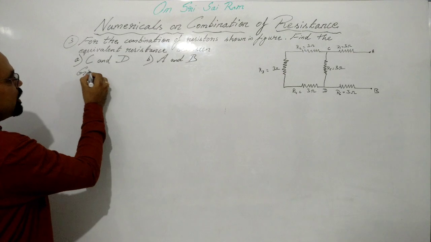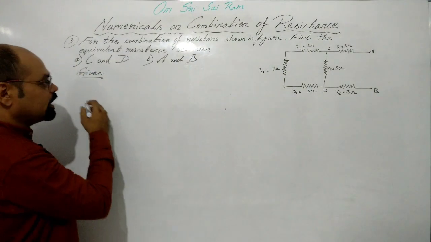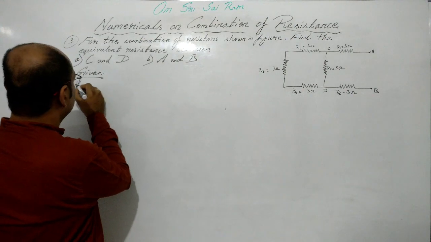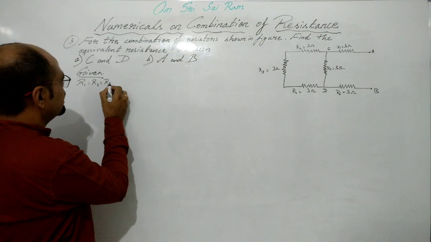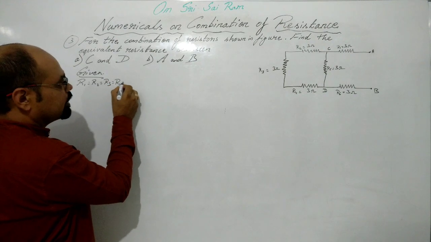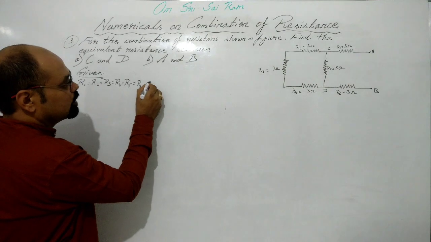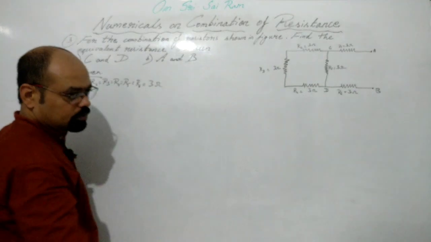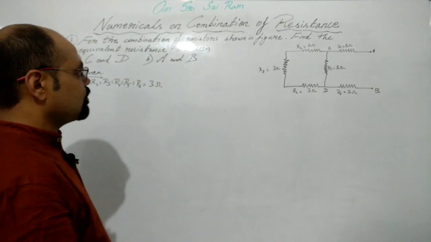Given is very simple because all the values are same. Okay, so we can write here R1 equals R2 equals R3 equals R4 equals R5 equals R6 equals 3 ohms. This is what is given in the question. And what we have to find?